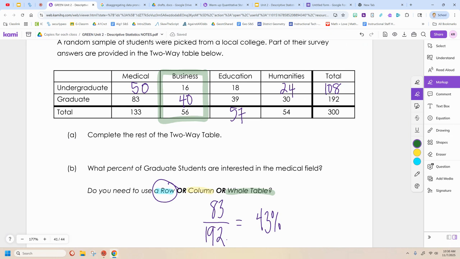So what number am I using in my denominator? What percent of the students are interested in business? Is that just undergraduates, just graduates, or is it all students? All students, both. So we need to think about the 300, right? Which means we're doing 56 out of 300.